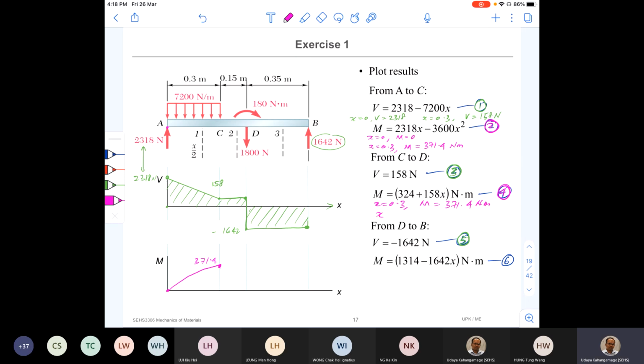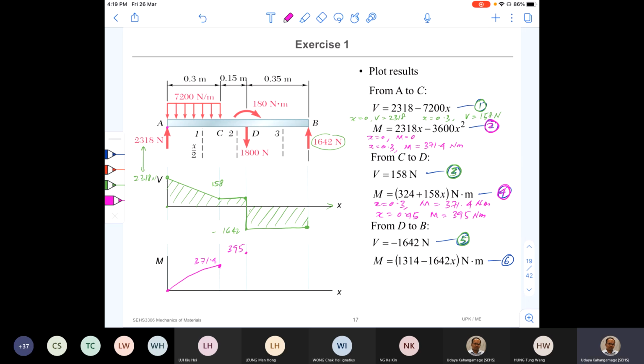And then when x is equal to 0.45, at C, what's the value of M? You simply substitute x equal to 0.45: 395.1. We'll forget about the 0.1, so 395 Newton meter. So it's a bit higher than this one here.